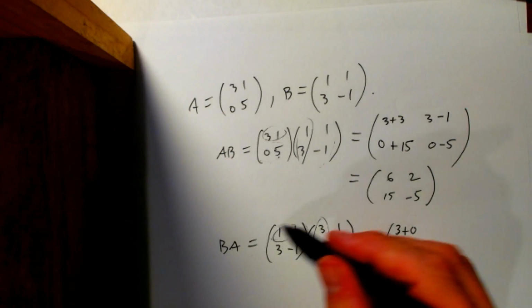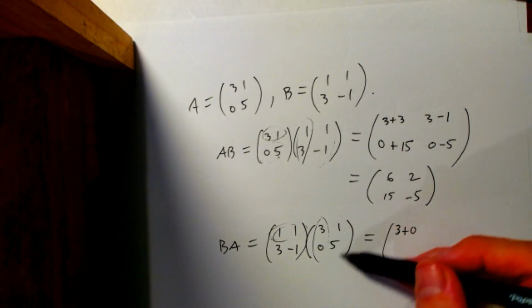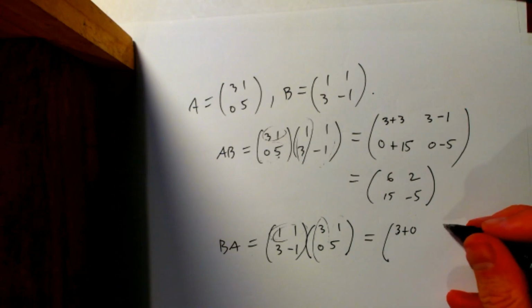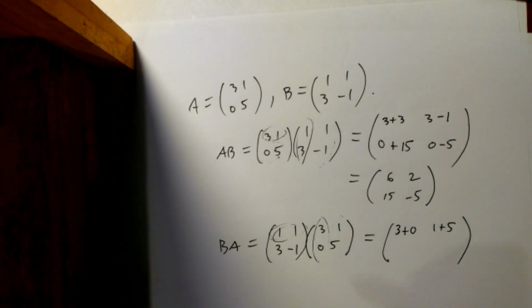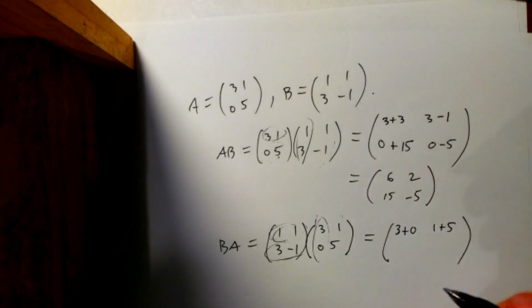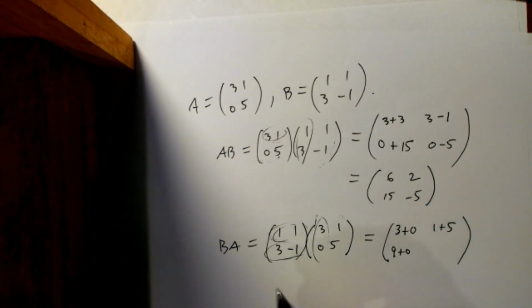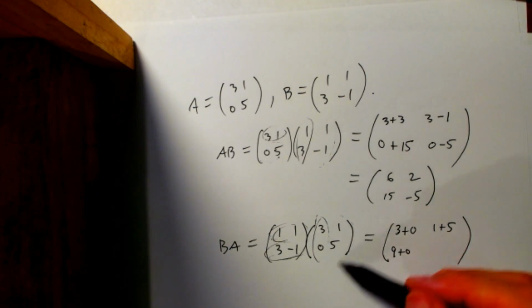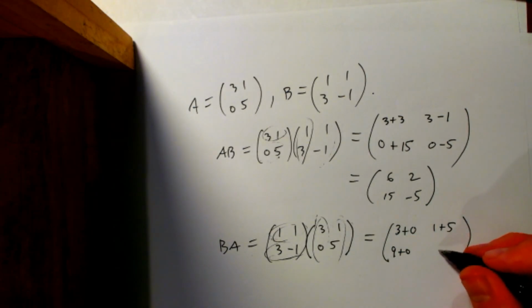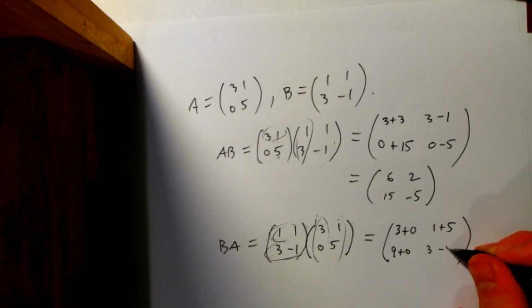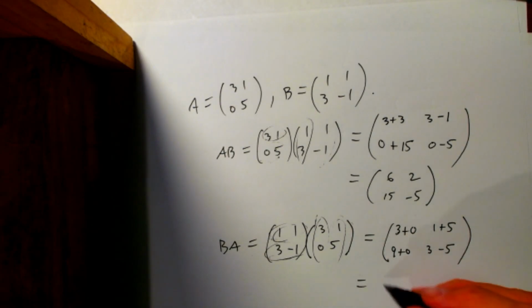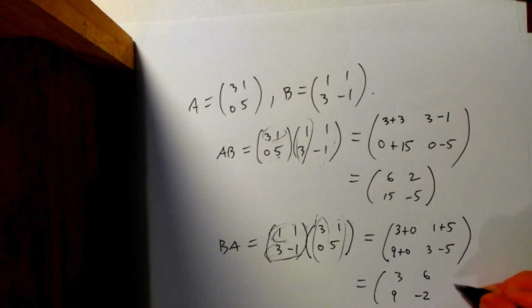Okay, moving on, first row of B multiplied by second column of A is 1 plus 5. Okay, moving on to the next row of B with the first row of A. So 3 times 3 is 9 plus 0. Then we've got first row, second column of A. So that is 3 minus 5. Okay, now we simplify. So 3, 6, 9, and minus 2.